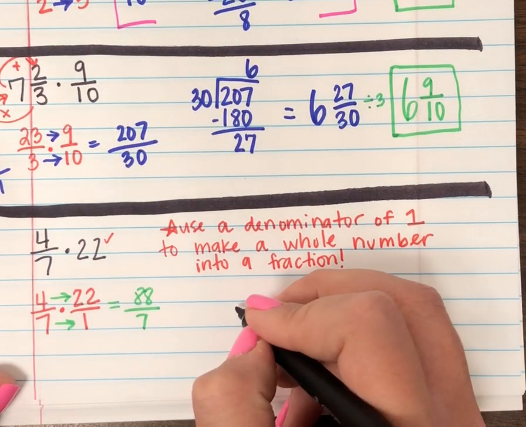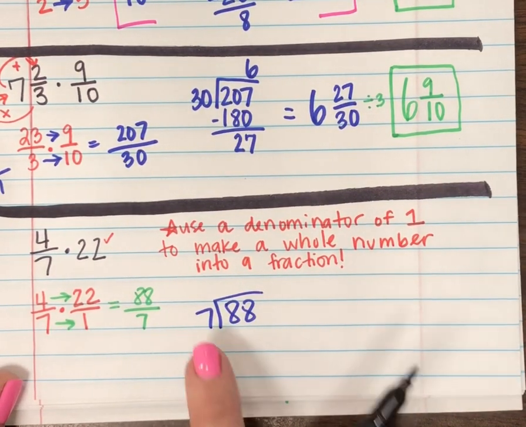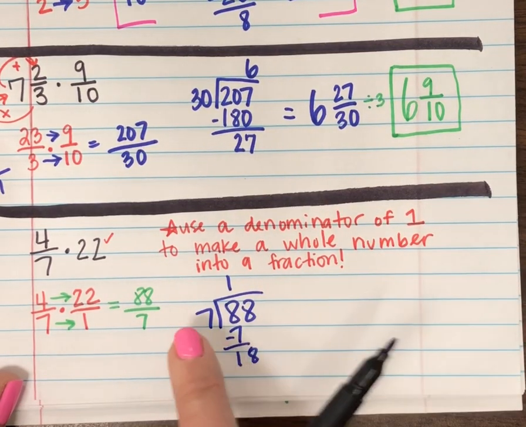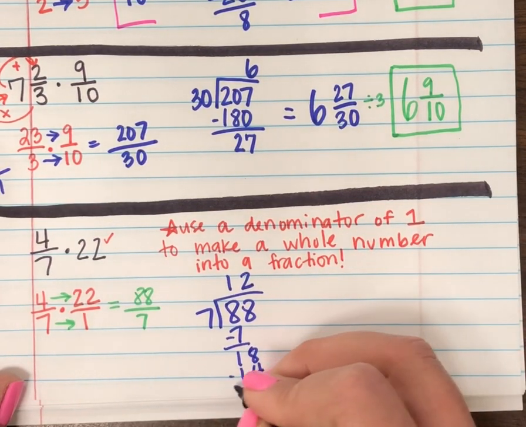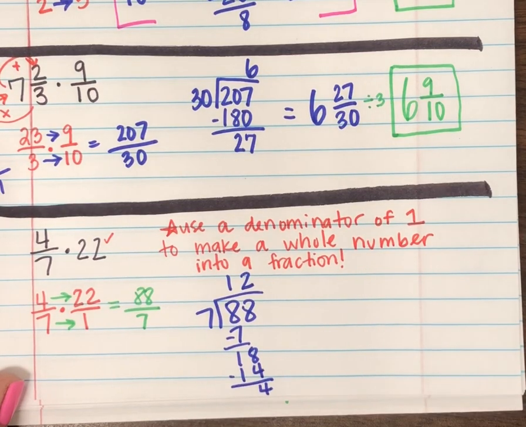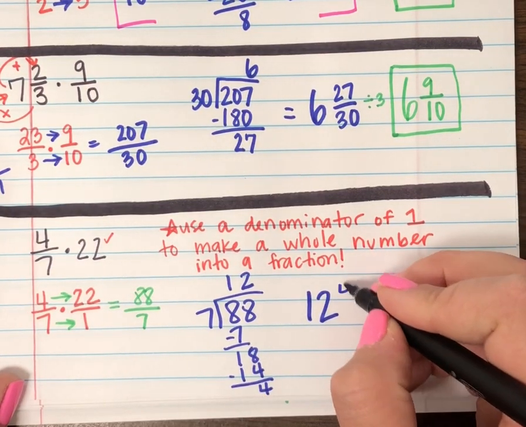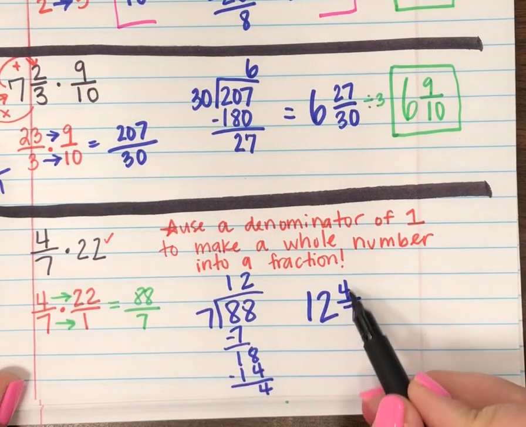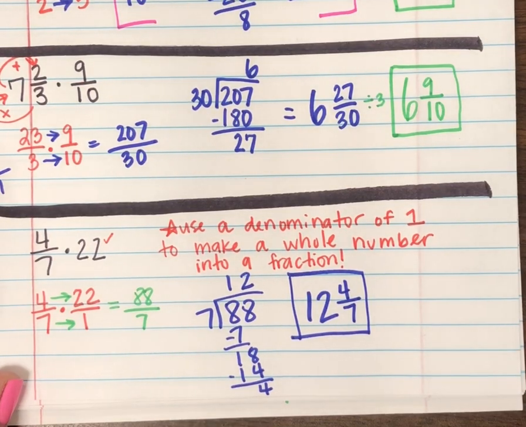So we're definitely going to do some division again. 88 divided by 7. 7 goes into 8 one time. 7 goes into 18 two times, with 4 left over. So it went in 12 whole times with 4 left over out of 7. 4/7 is already simplified, so this absolutely is already our final answer.